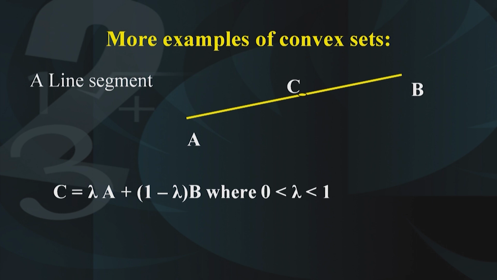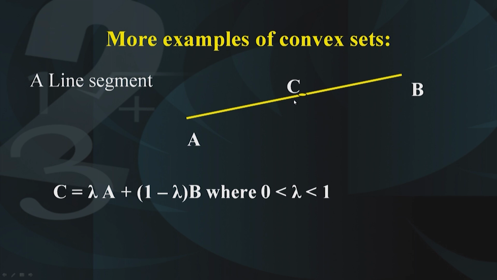Some more examples of convex sets with respect to linear programming. As I said, the line segment joining any 2 points is always a convex set. So, here is an example with this line segment A and B. This line segment is a convex set. Why is it convex?